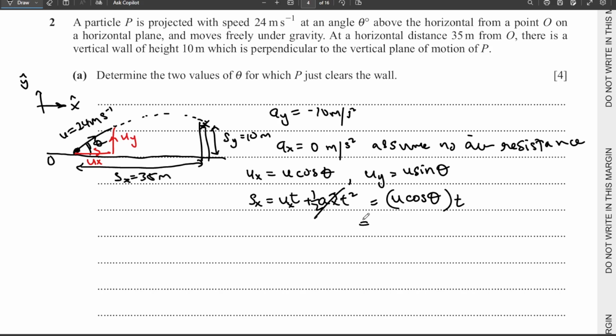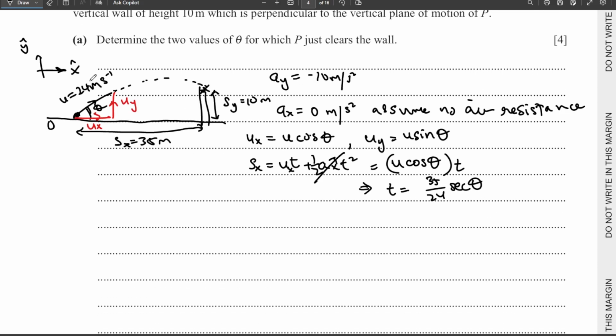We can simplify this after substituting the values and isolate t, so that we can use it to eliminate t in the other equation. It'll be 35 over 24, and 1 over cosine theta we'll write as secant theta. So far, this is the first equation that we have.